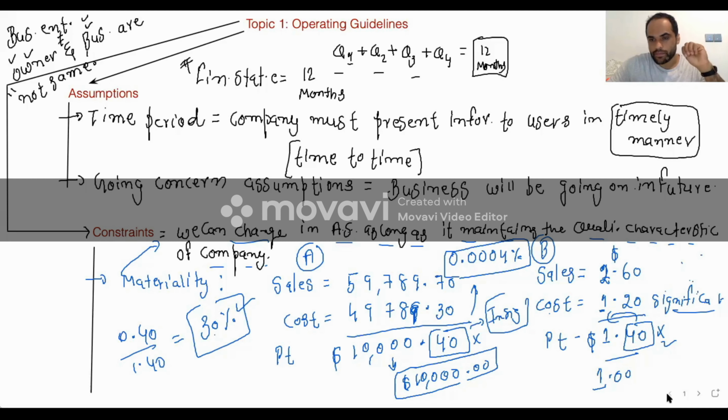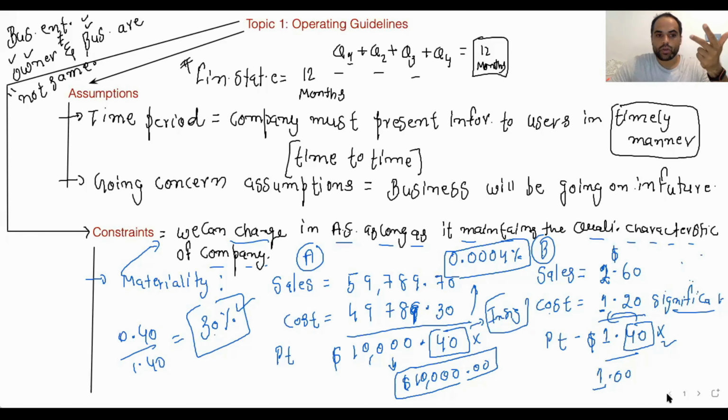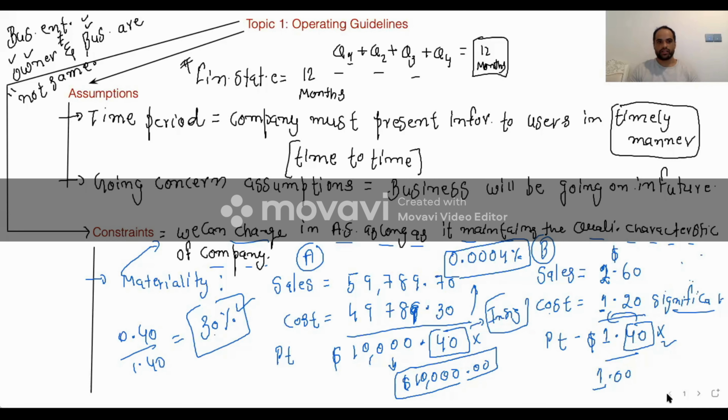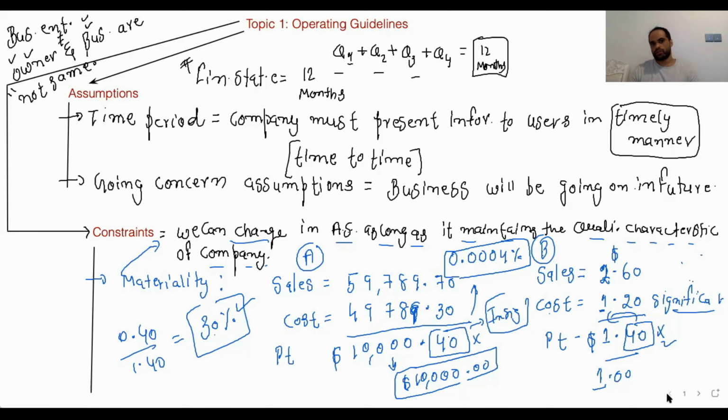Then we studied 4 assumptions: business entity assumption, time period assumption, going concern assumption, and one more, monetary unit assumption. Yes. And for constraints, we studied 2: materiality and conservatism, right? So operating guidelines are finished. Topic 1 is finished.